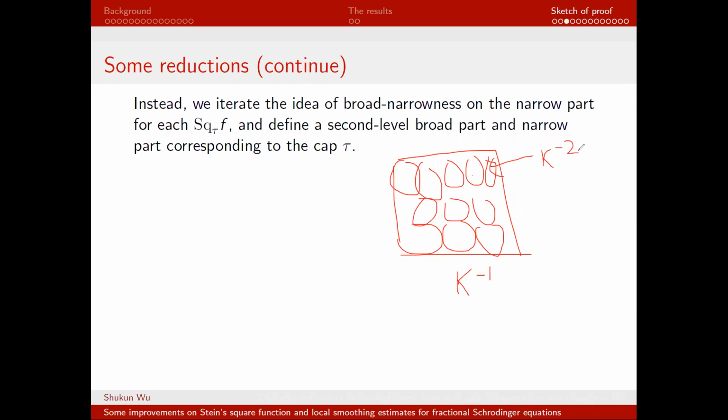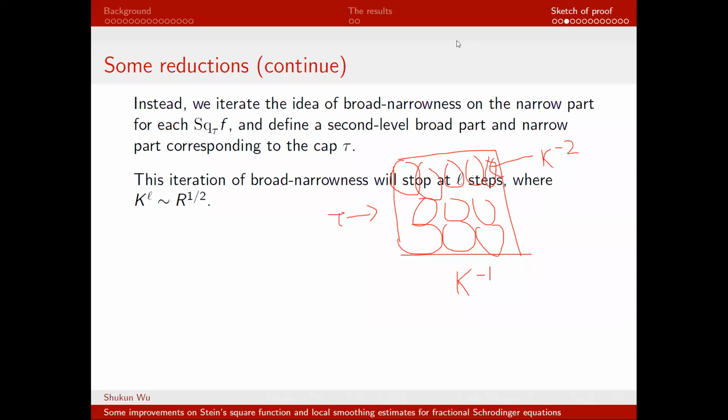With these new smaller caps, we can define the broad part and narrow part with respect to this K to the minus 1 cap tau, and let's call this the second-level broad-narrow.